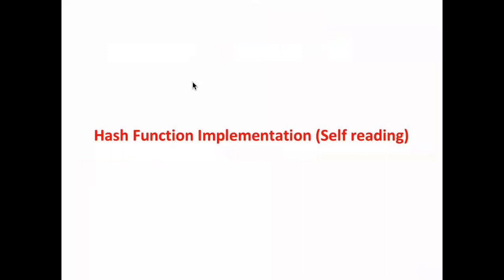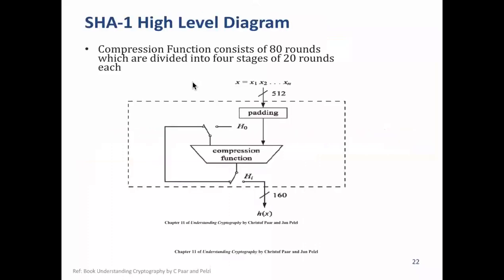Okay, all right. So how do you implement a hash function? That you please read, it is given in this book, Paar and Pelzl. So basically you take string x and divide it into substrings of 512 bits, and you pad it, because the last part may not be exactly 512, so you need to pad it with some bits. After padding you have 512 bits, and then you give this as an input to a compression function.